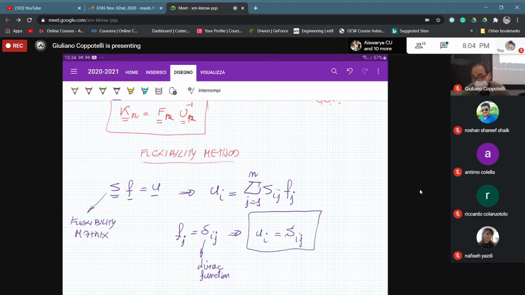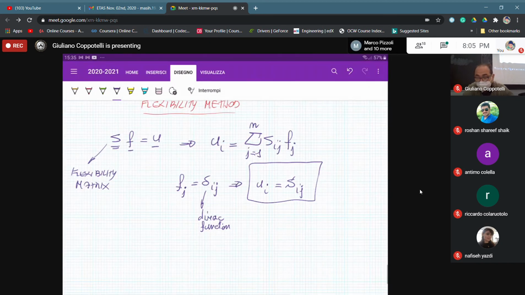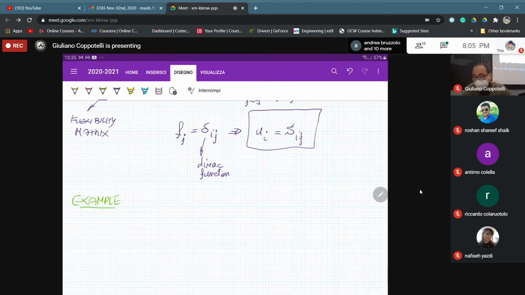Of course, if you do not have a Dirac but just a point load, the result is just to be divided by the amplitude of your force. Just to give you an example of this approach, very easy, but to show you the overall procedure.